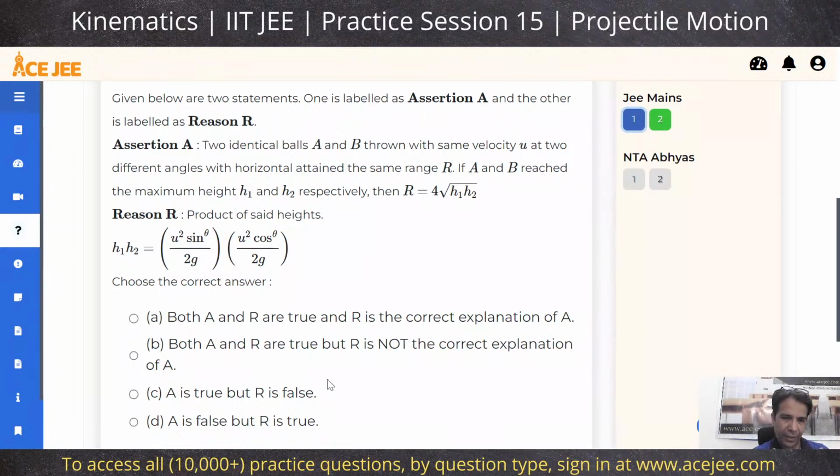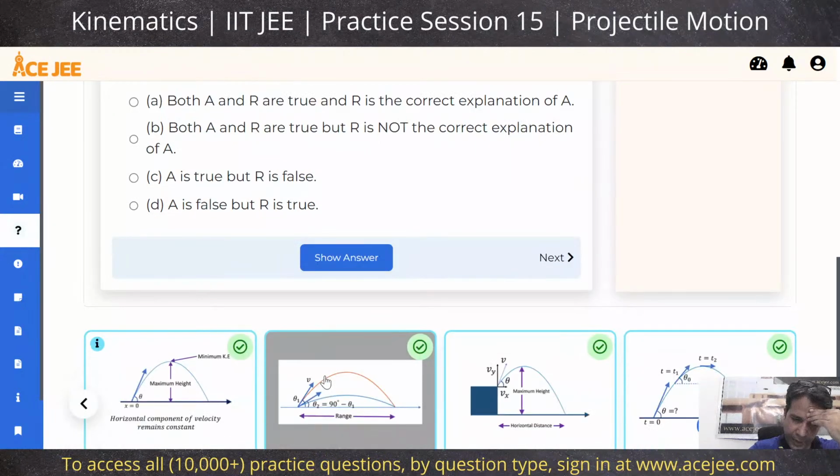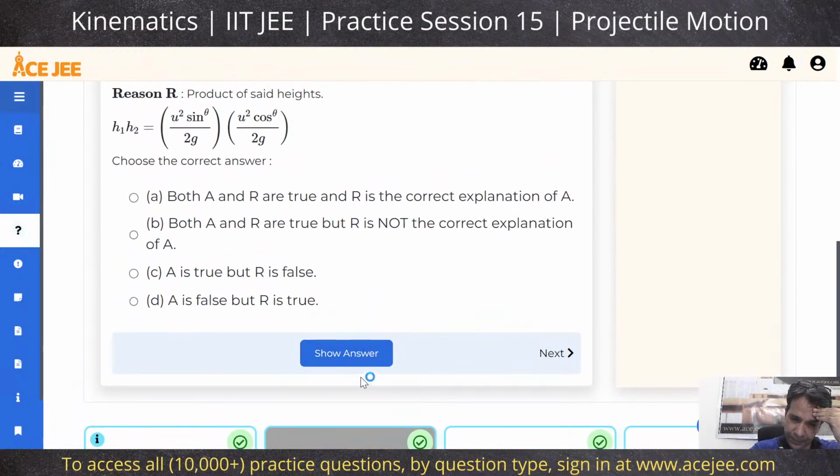The reason only talks about the right hand side, does not talk about the left hand side. I think that's what your comment is, correct, Peter? Yes, sir. Let me see actually what the NTA released answer is.